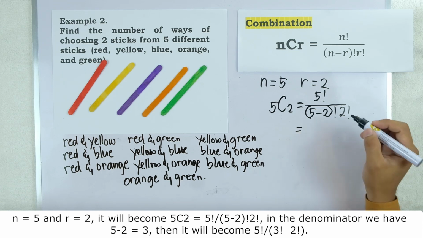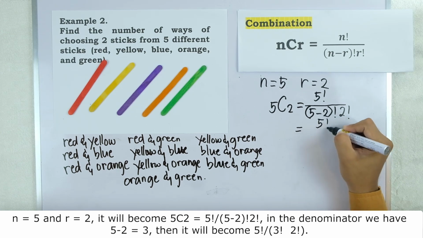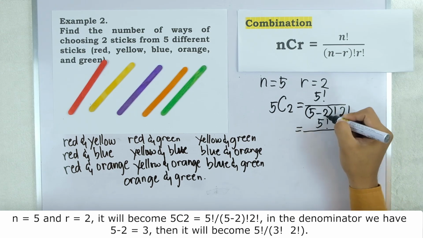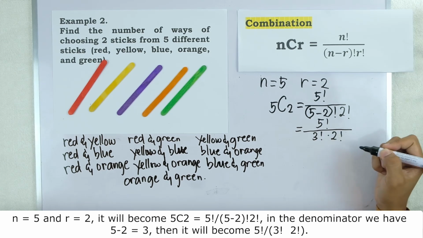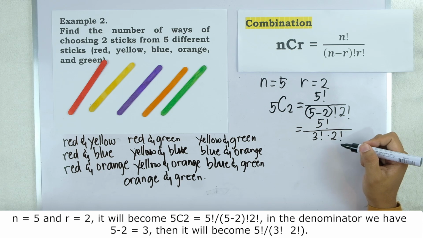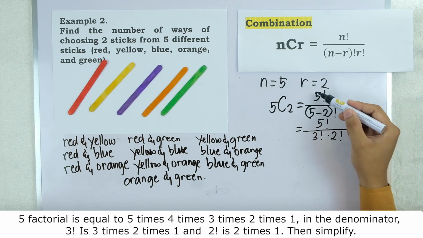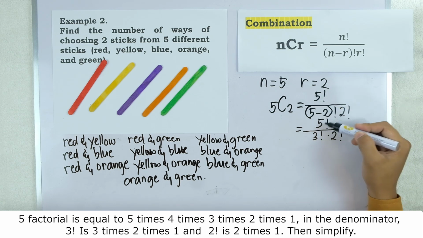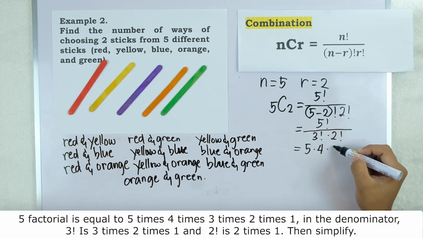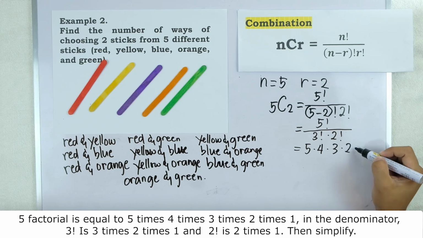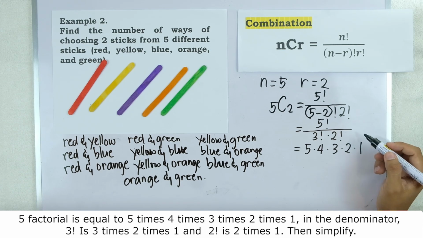Then it will become 5 factorial over 3 factorial times 2 factorial. 5 factorial is equal to 5 times 4 times 3 times 2 times 1.